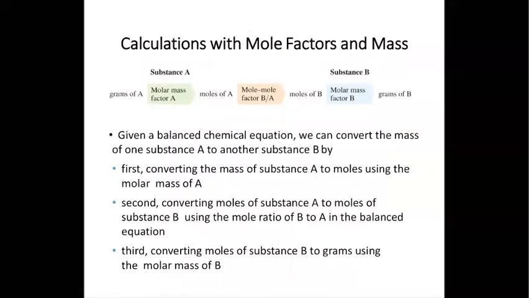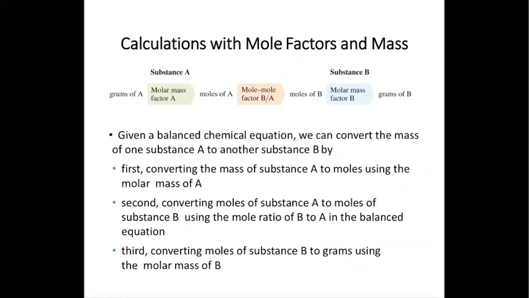So that takes me to the calculations that we need to be familiar with when it comes to chemical reactions. As you can see, this calculation is for relating two components of a chemical reaction, okay? Substance A and substance B. What is substance A and substance B?